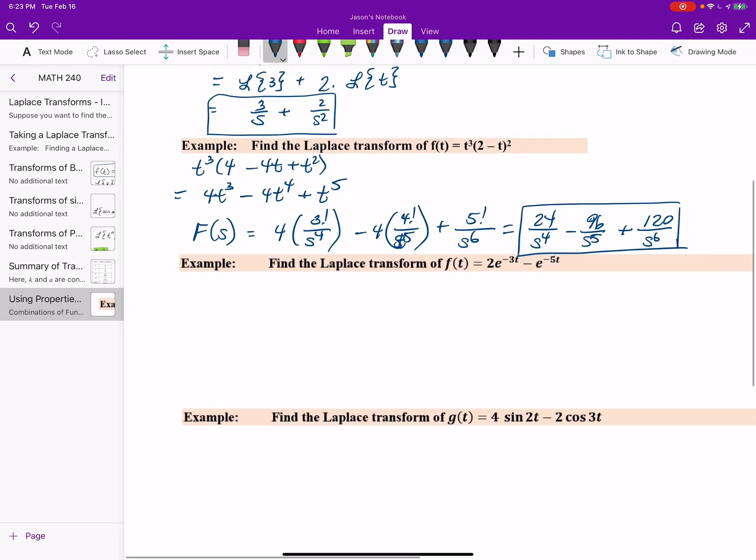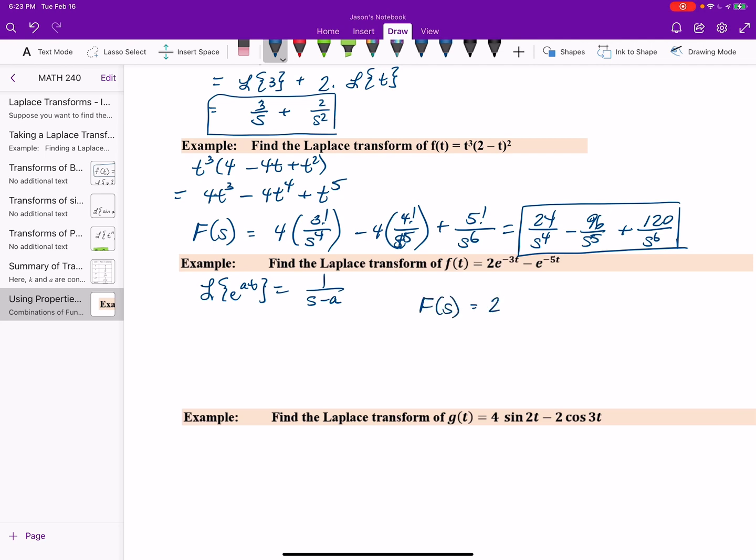Looking at the third one, notice we have exponentials. Remember that the Laplace transform of e to the at is 1 over s minus a. So that means that our Laplace transform is, well, let's see.